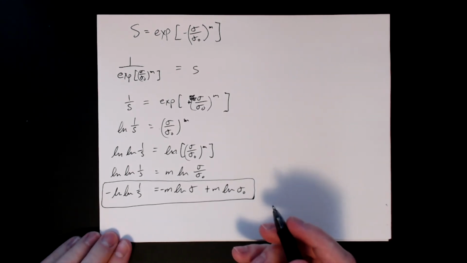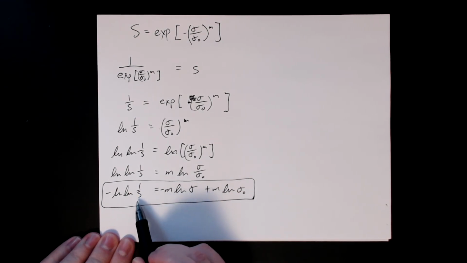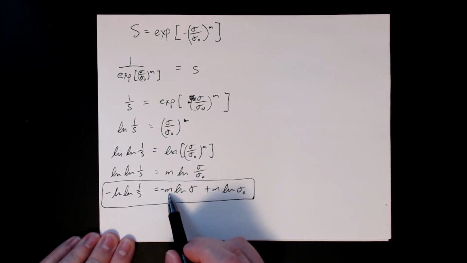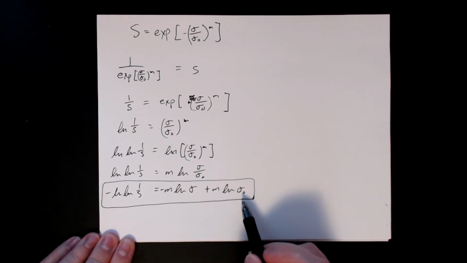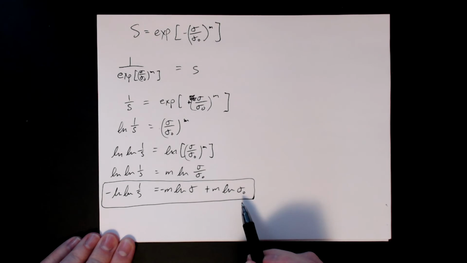The important thing, again, is this negative natural log of 1 over s, which looks weird. So you plot that, and then you have negative m natural log sigma, and then plus m natural log sigma naught. It looks complicated, but again, this is a linear form.